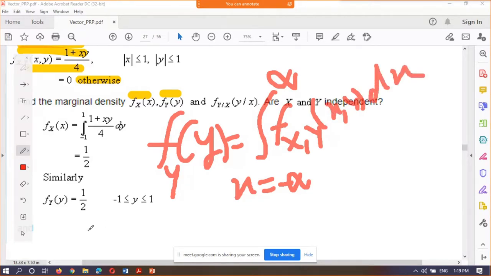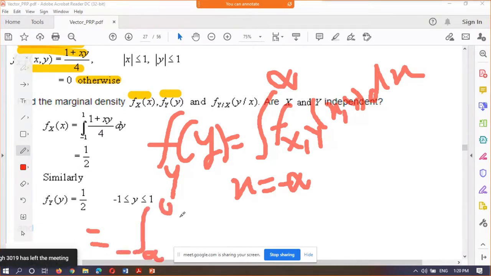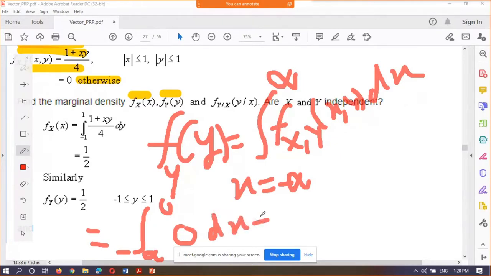So from this knowledge, you know that it will be from -infinity to -1, this is 0 because its definition is like this. And from -1 to 1, its definition is 1 plus xy by 4.